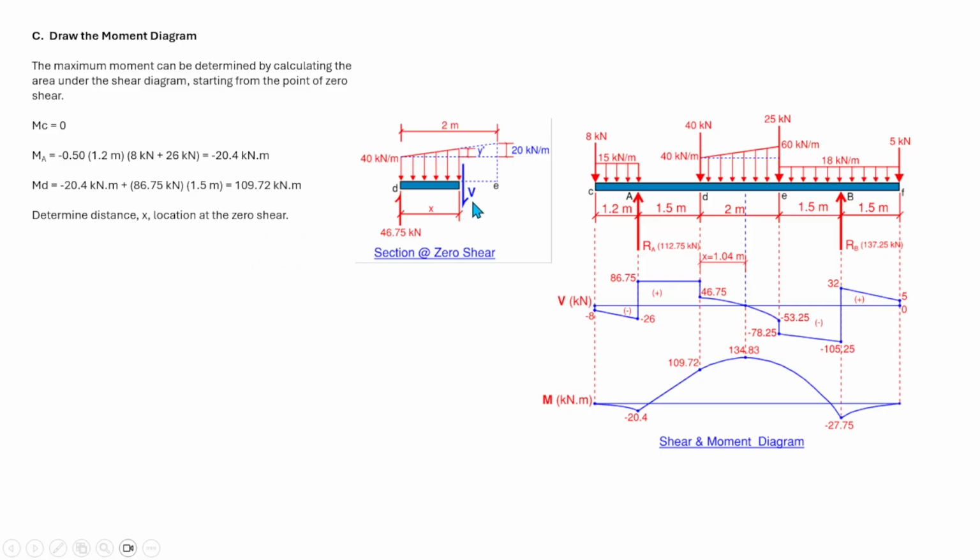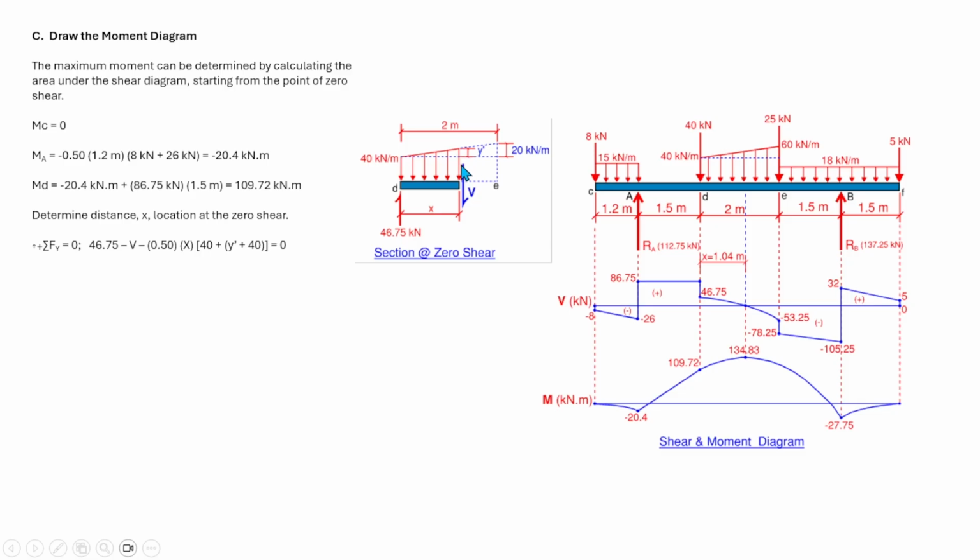So to sum up the shear at the point of zero shear, we need to sum up the forces along y, positive, equal to 0. So 46.75, which is this one here, minus V minus 0.5 times x times the height of the trapezoid, which is 40 plus y prime plus 40 from here to there.